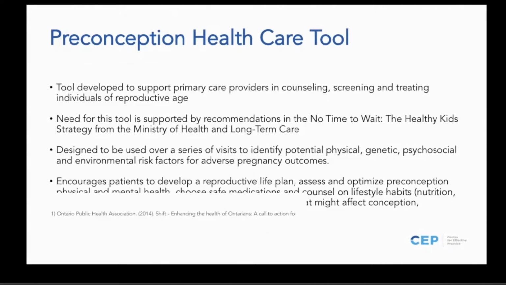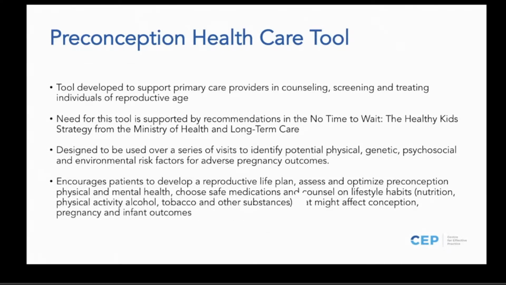The Preconception Health Care Tool was developed to support primary care providers like yourself in screening, counseling, and treating all individuals of reproductive age. The tool was developed to support the recommendations in No Time to Wait, the Healthy Kids Strategy for the Ministry of Health and Long-Term Care, and is designed to be used opportunistically over a series of visits. You don't need to complete the entire form in one visit.